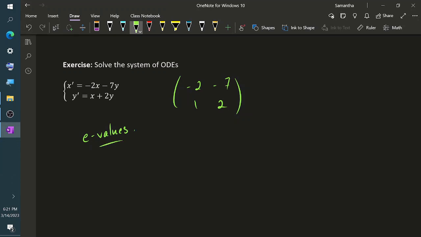Something that we found in the previous video: the eigenvalues of this matrix were lambda 1 equal to plus root 3i, and the other one was, of course, just the conjugate of that.